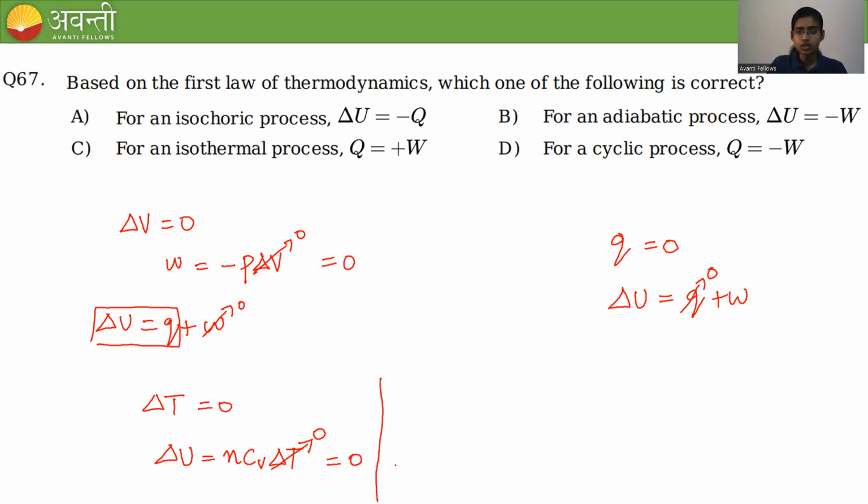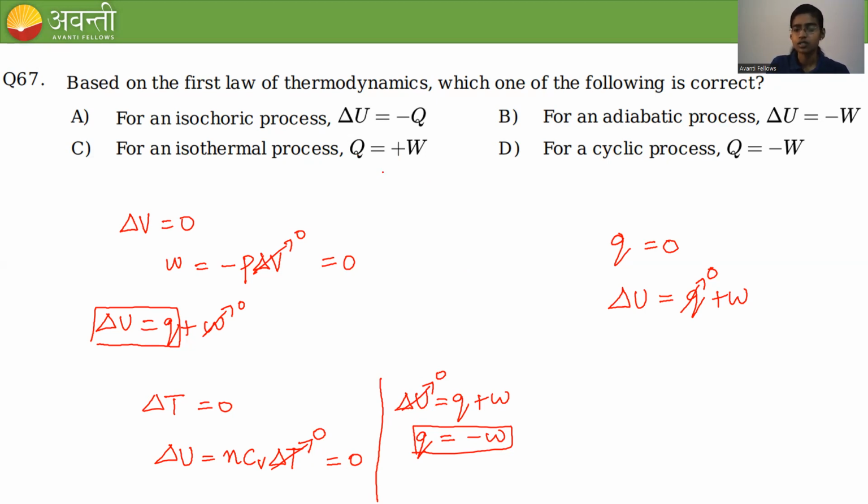Substituting this in the first law, delta U is equal to Q plus W. If delta U is equal to 0, then Q is equal to minus W, right? But here in the relation you see Q is equal to plus W. So again it is incorrect.